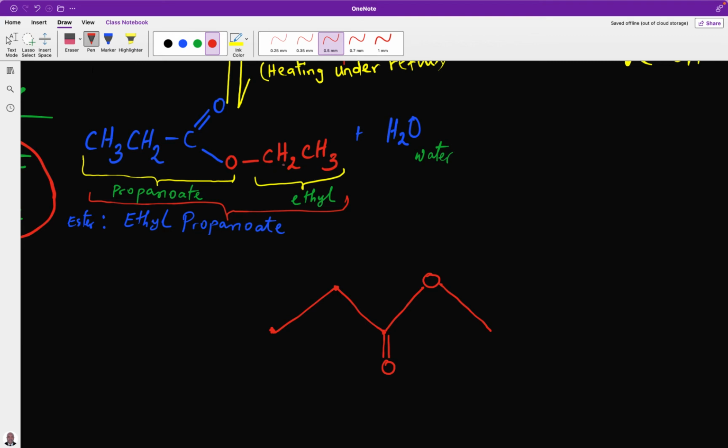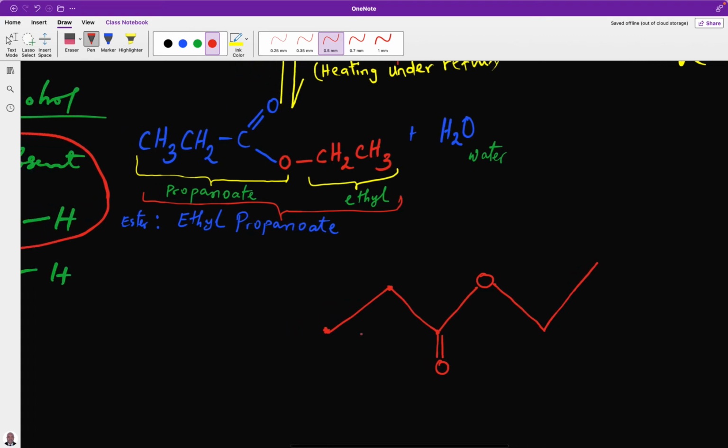Now we go to the last carbon. That is how a skeletal formula is drawn. Remember, we start here, we ascend, we drop, we ascend, we drop, we ascend. That is how a skeletal formula is drawn.